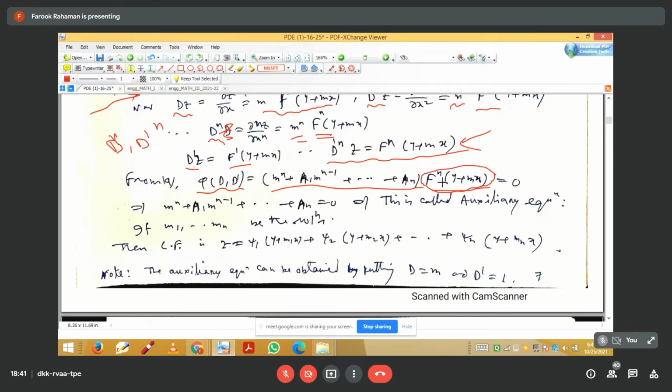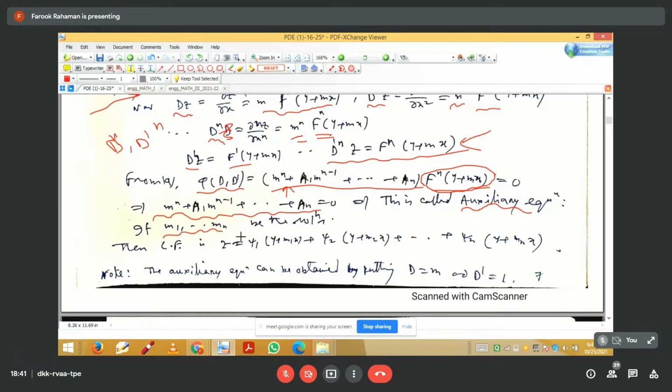If this is not equal to 0, then this portion is equal to 0. That is, we have a polynomial equation of m of degree n. This is known as the auxiliary equation. Now, since this is a degree n polynomial equation, it has n solutions, say m1, m2 up to mn.